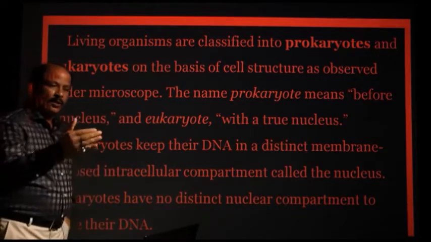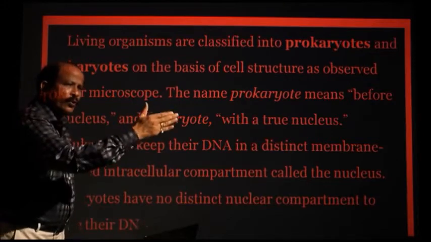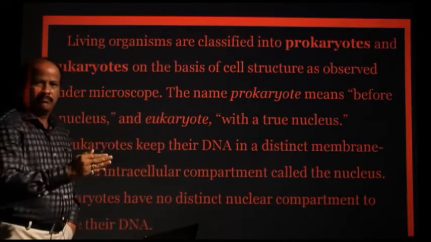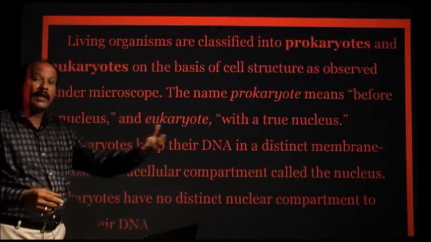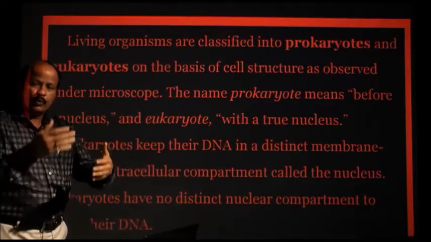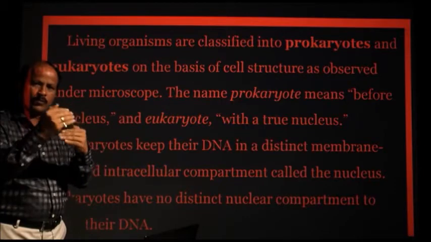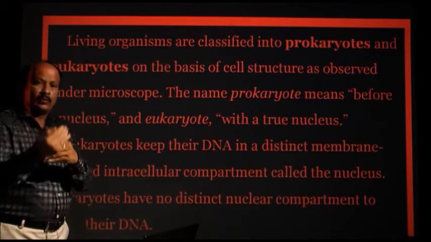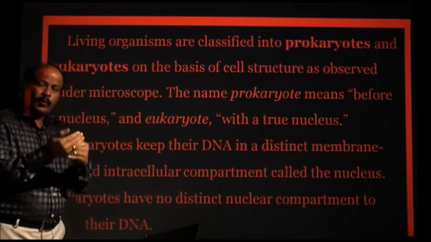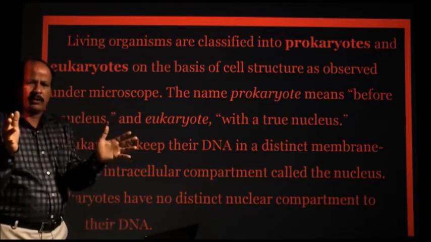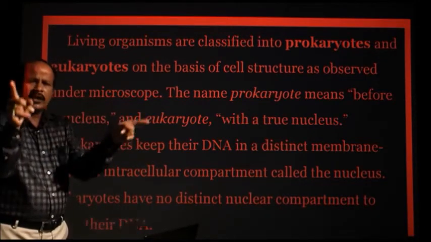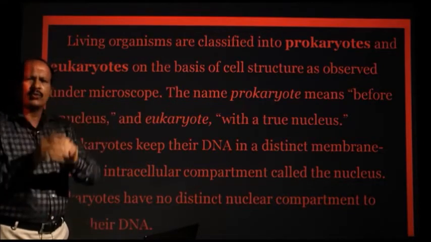That means prokaryotes evolved first on this earth. If you study, prokaryotes arose when life came. The first forms of life were the prokaryotes, right? So prokaryotes have a primitive cell, a very simple cell, with only a single compartment in which all activities go on.